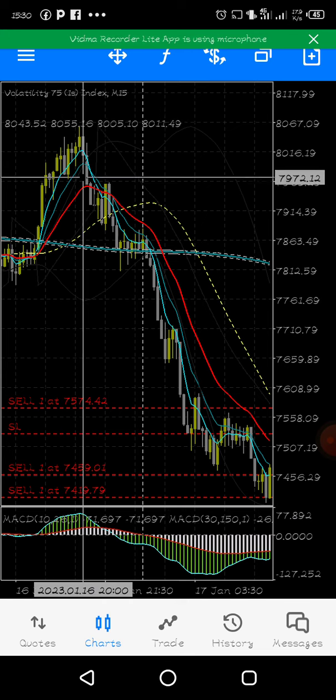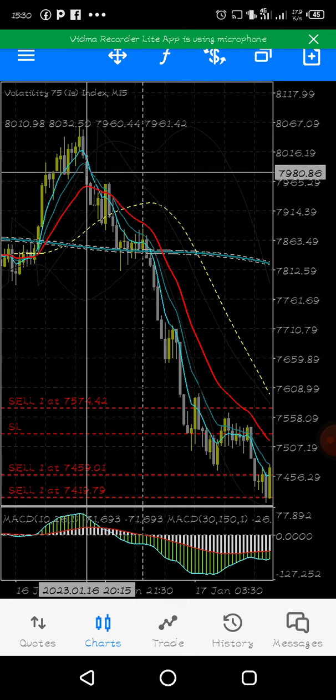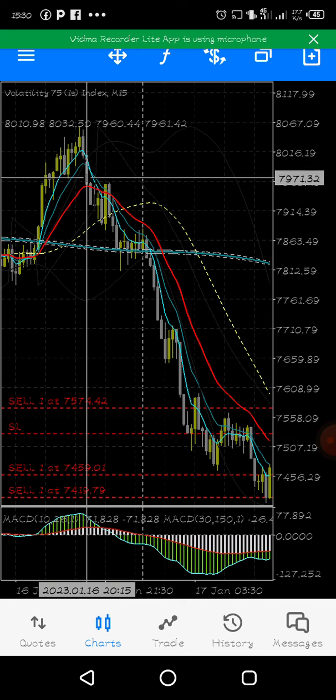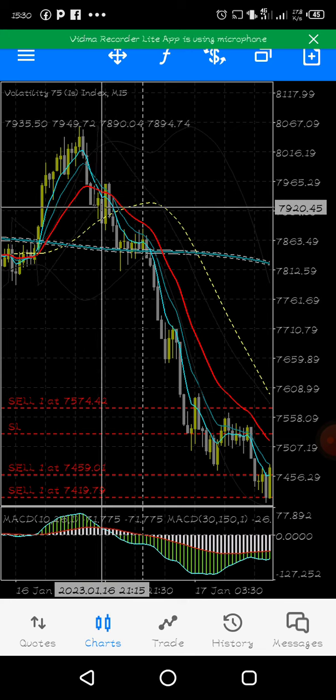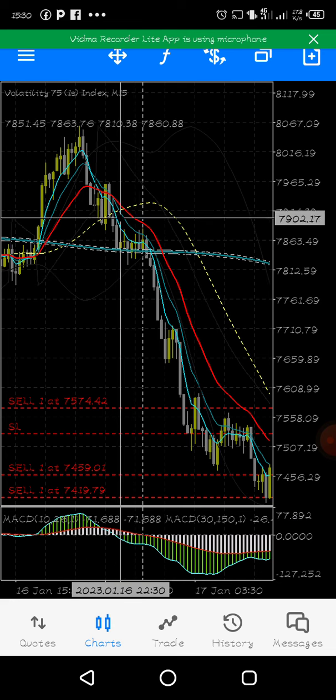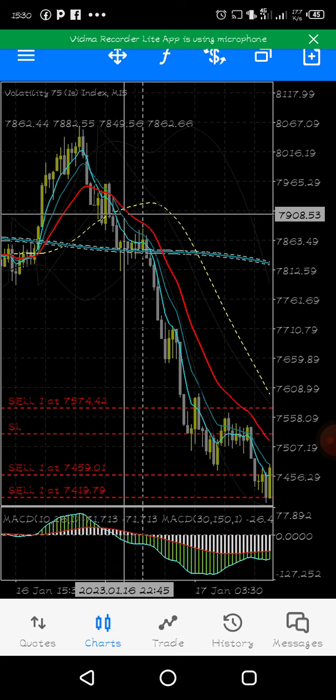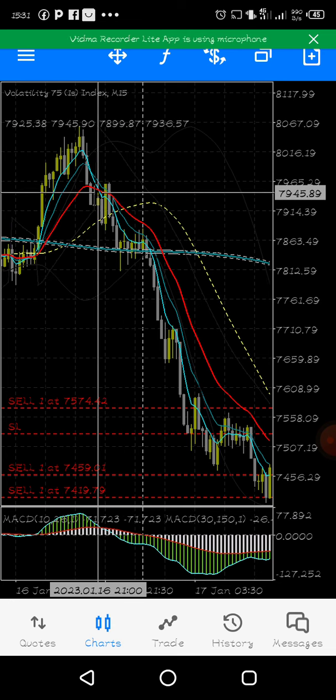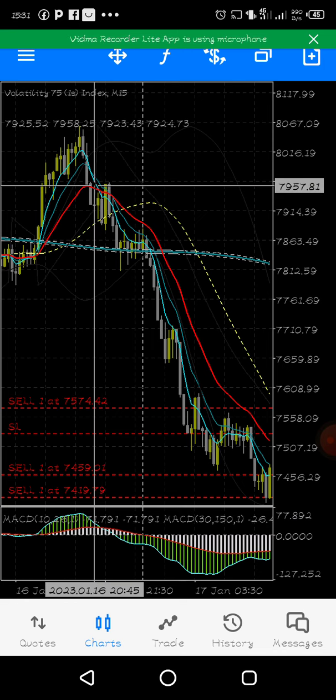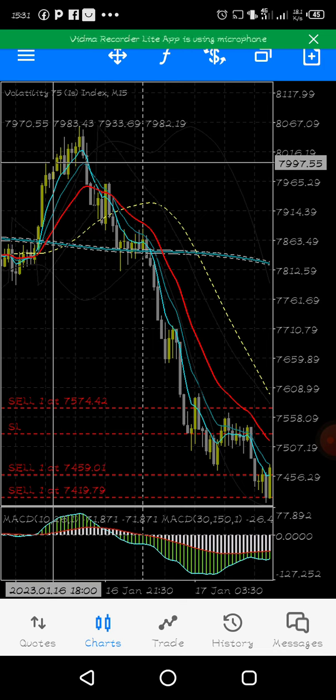You can see these moving averages. They have their meanings. From the smallest moving average to the highest moving average, they have the work they do, especially for me, I don't know about any other person. So now let's see, if I'm going to trade this double MACD with my moving average, how do I go about it?